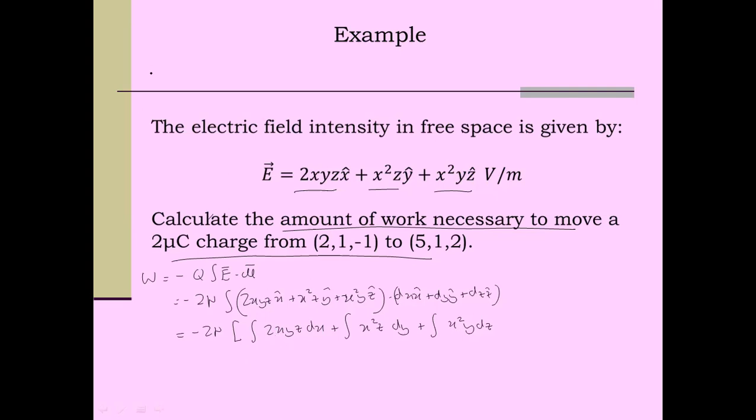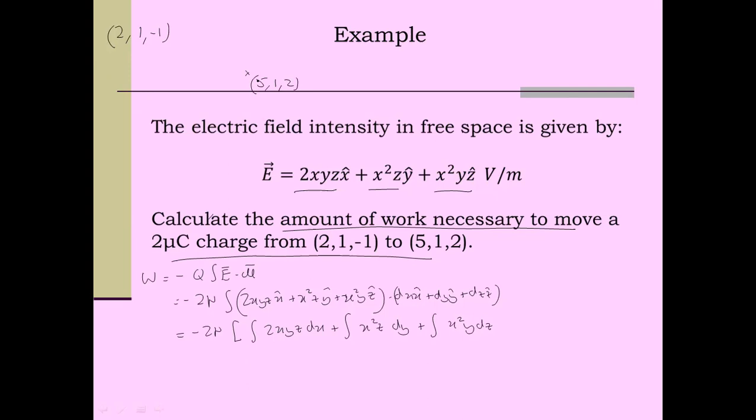We have a point here. The movement of the charge is from the point 2, 1, negative 1, and it moves to the point 5, 1, 2.